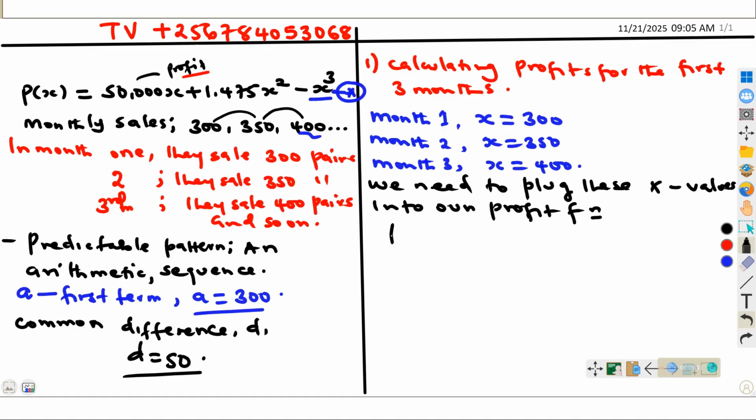The profit function is P(X), which is equal to 50,000 X plus 1,475 X squared minus X to the power 3. So let us start with the first month.